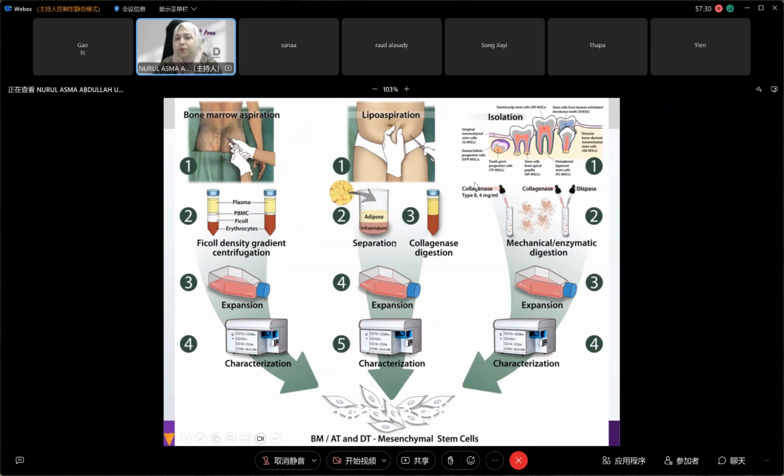So from the adipose, you have to do the collagenase digestion, similar to this one. So collagenase digestion or trypsin is also one of the preferred methods, and you can do expansion and characterization. And from the tooth, there are a number of locations where you can isolate the stem cells.